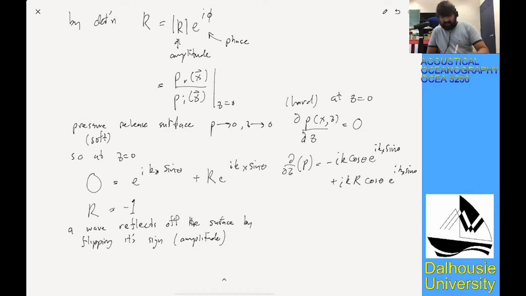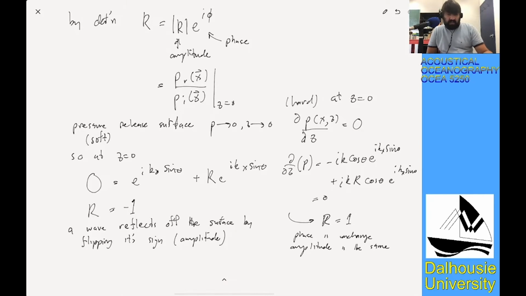So we can solve that, right? This is equal to 0. And so we get R is equal to 1. Okay? Here the phase is unchanged, and the amplitude is the same. So no flipping of the amplitude or changing of the phase.